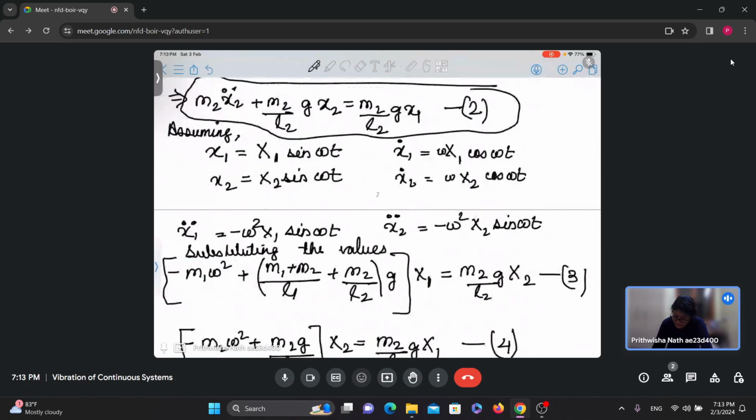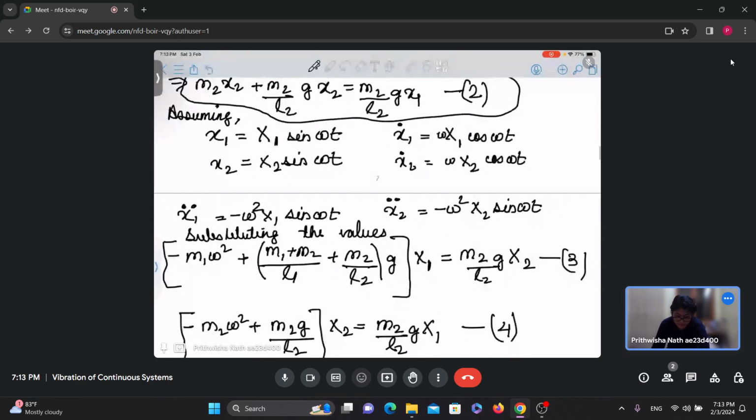So it becomes minus m1 omega square plus (m1 plus m2) by L1 plus m2 divided by L2, whole into g, and X1 remains. The common terms get cancelled. So minus m2 divided by L2 into g into X2.